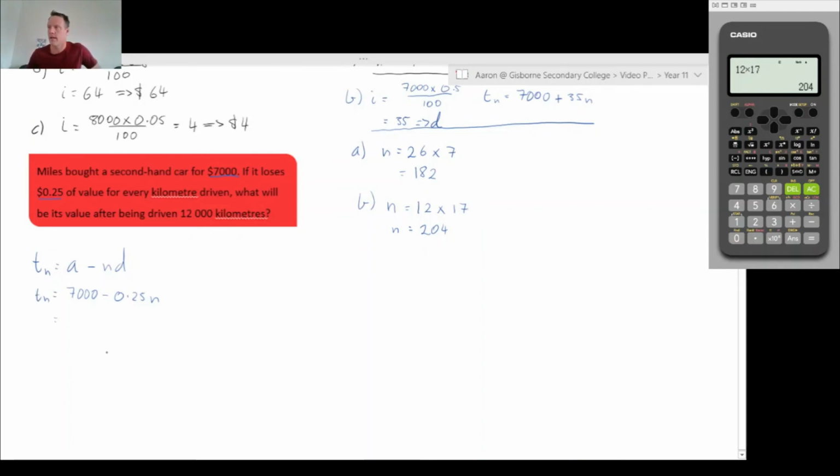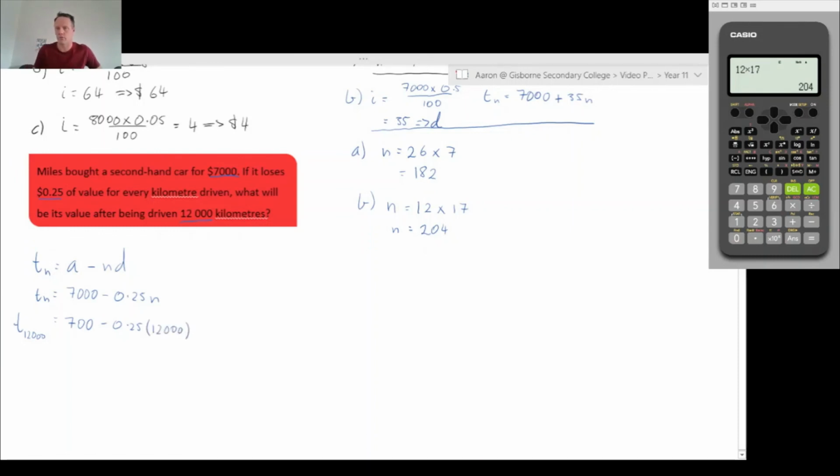So that's Tn. Now, that means that T12,000, because we're changing the n to 12,000, is equal to 7,000 minus 0.25 times 12,000.